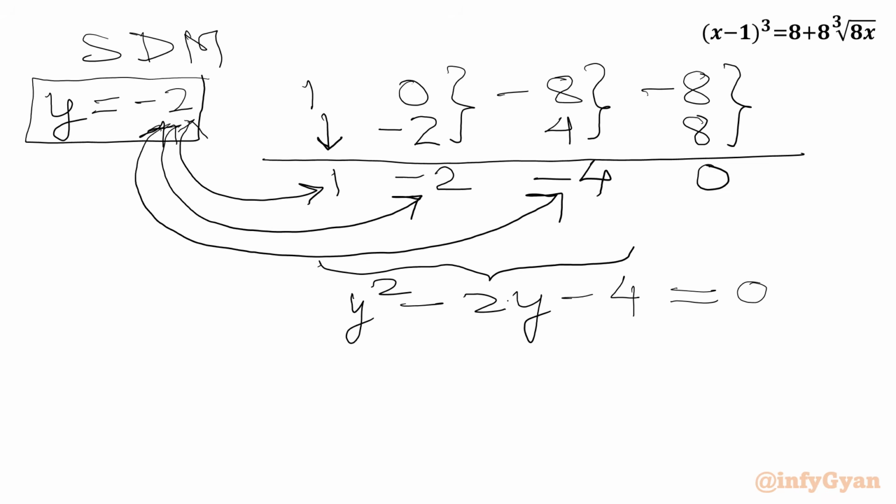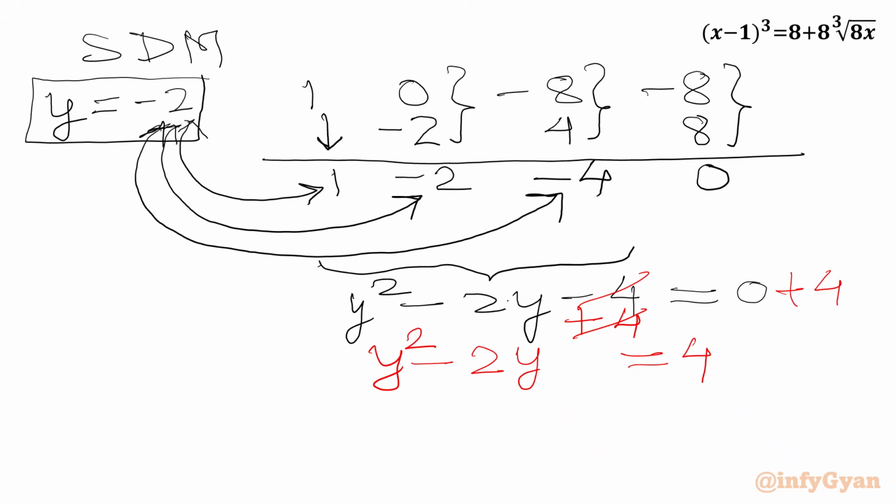Now we are going to use completing the square method. So I will add 4 to both sides first. So equation will become y square minus 2y equal to 4. Plus 4 minus 4 will get cancelled out.